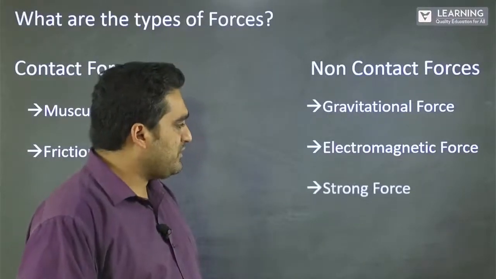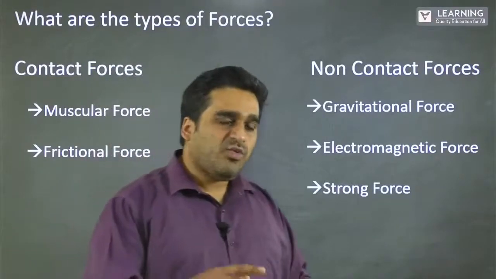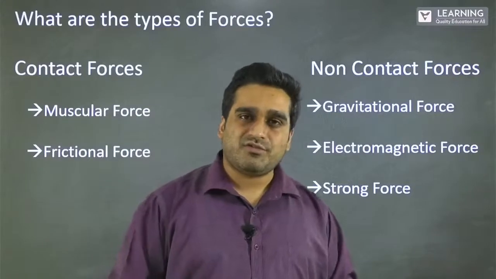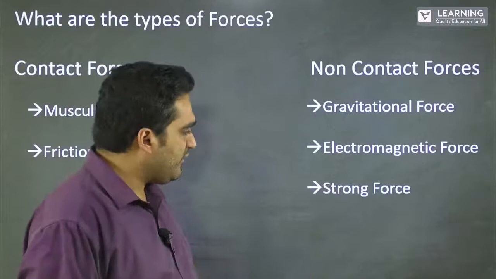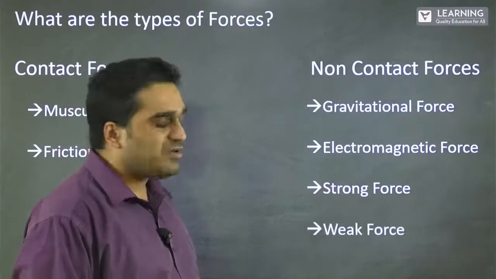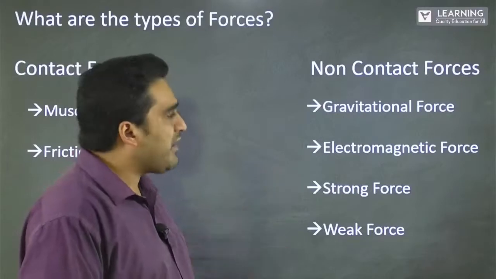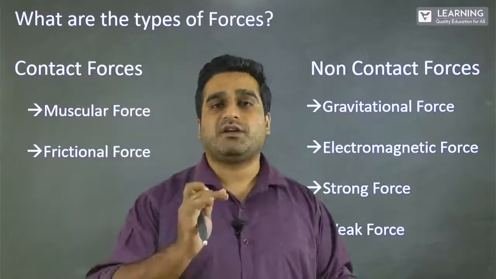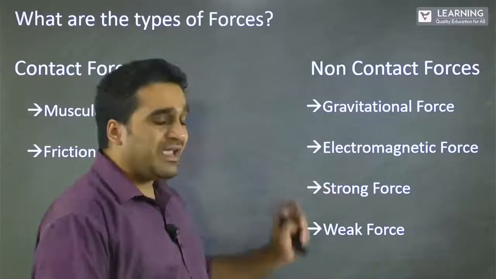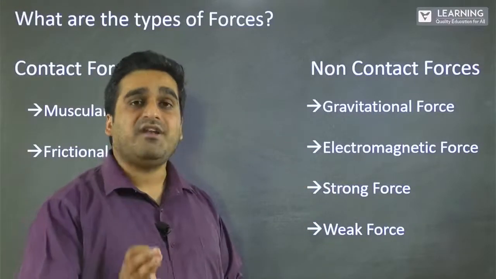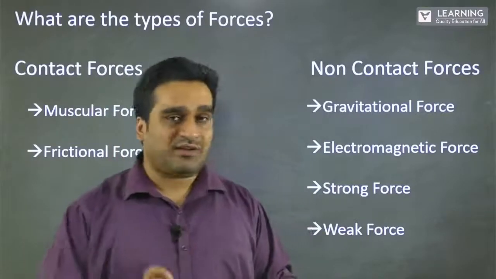Another example is the strong force. We'll have a look at what these strong forces are in the further section. In the next section, we will see the various strong forces and also the various weak forces. So these four are the primary non-contact forces, forces that do not interact with any object. They have an effect on the object, but there is no contact.